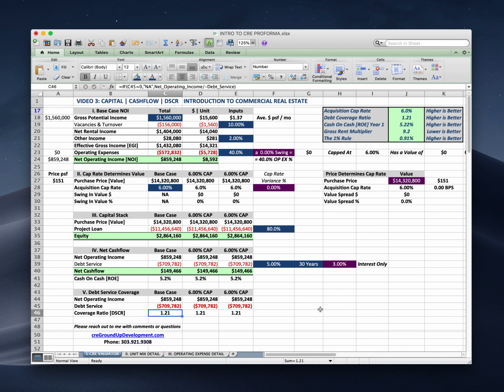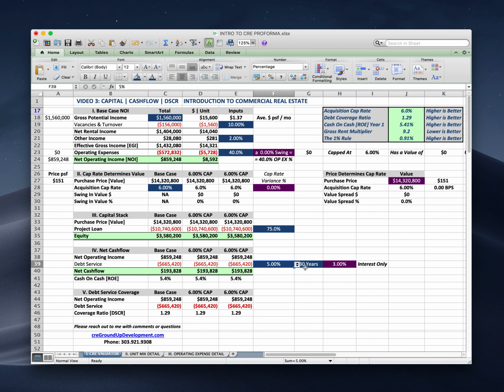Typically, for a multifamily project, 1.2 is on the low end, because basically you're telling the lender that you have $1.20 of income to cover every dollar of debt service. So if you want to underwrite this project conservatively, so that there's some room for you to maneuver, 75% loan to cost is a reasonable number to assume for initial modeling.